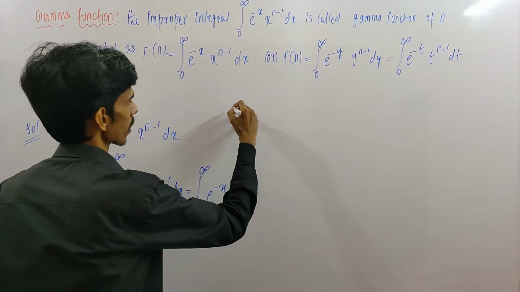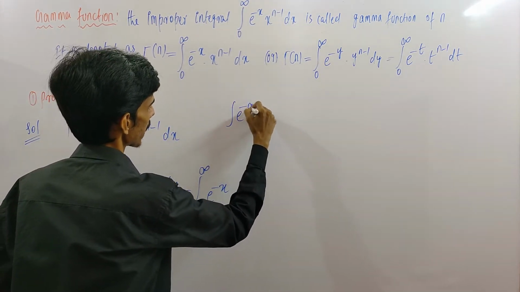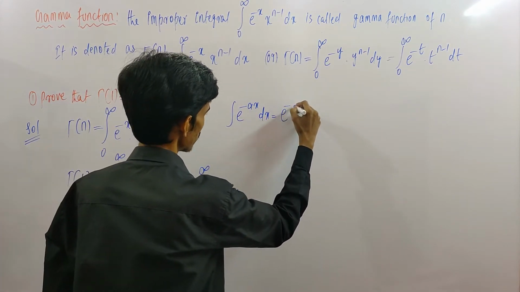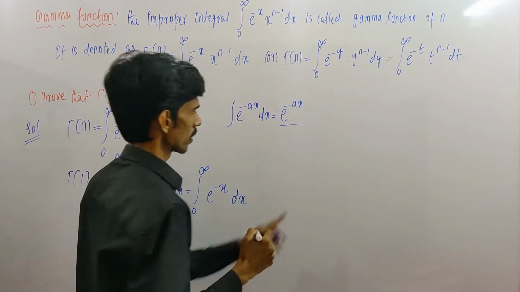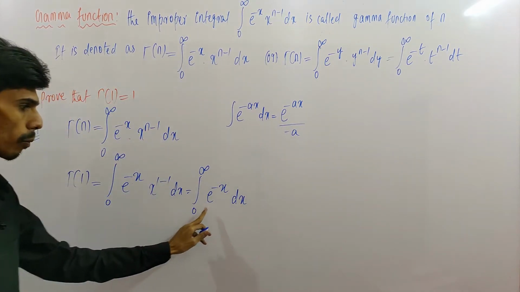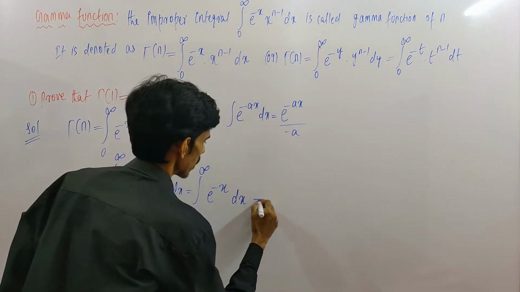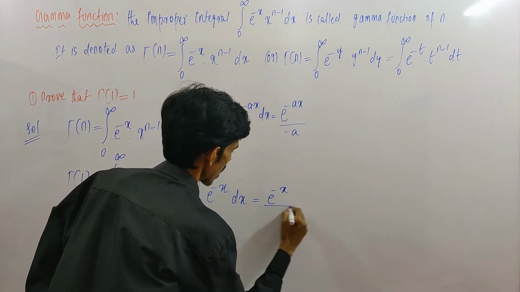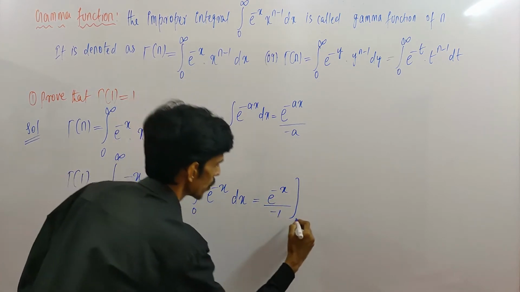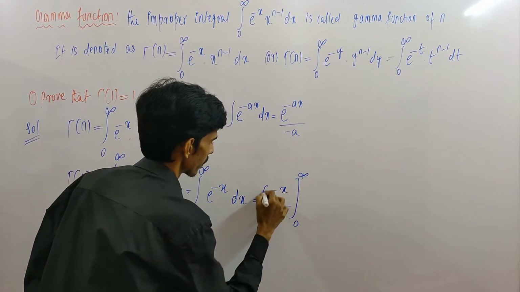We know that the integration of e power of minus ax dx is e power of minus ax upon the coefficient of x, that is minus a. So let us apply this formula here. We have e power of minus x upon the coefficient of x, which is minus 1, with limits 0 to infinity.